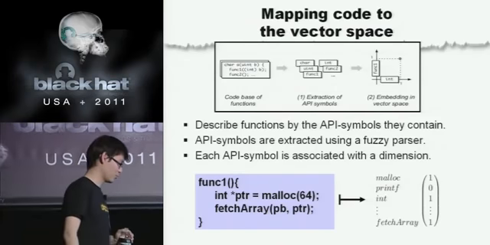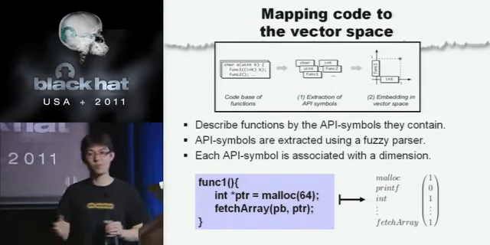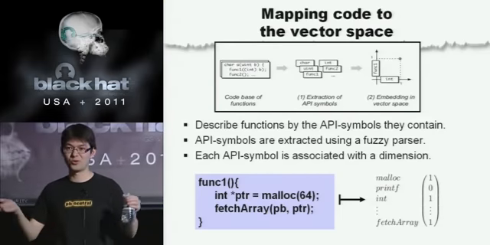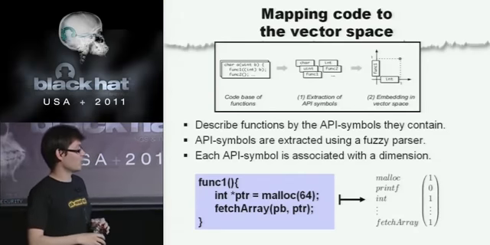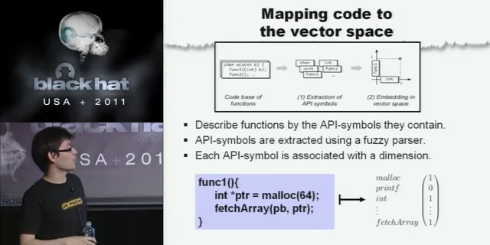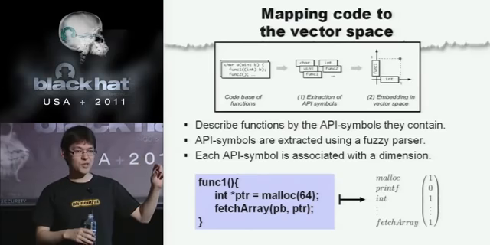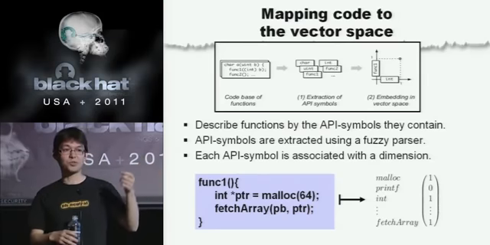Okay. So first thing we have to do is we have to map our code to a vector space, because otherwise we can't use principal component analysis. So the mapping I chose was the following. I started extracting all the functions in the code base and the API symbols they use.